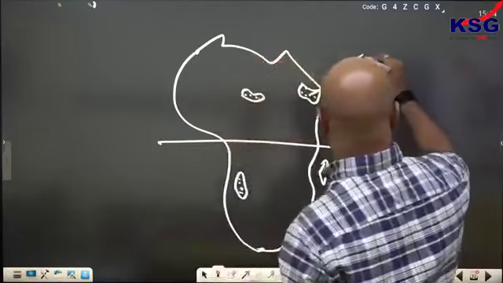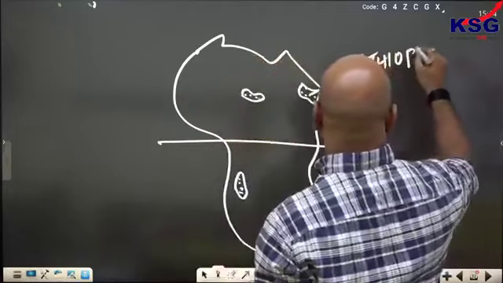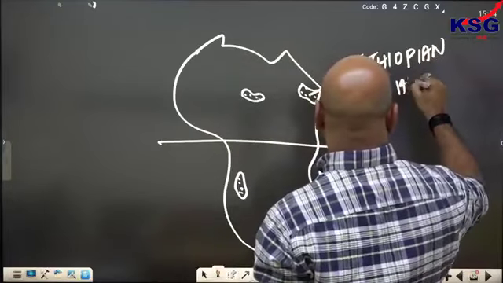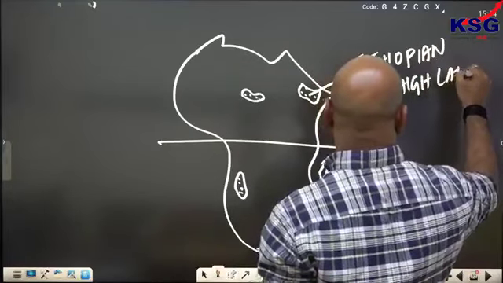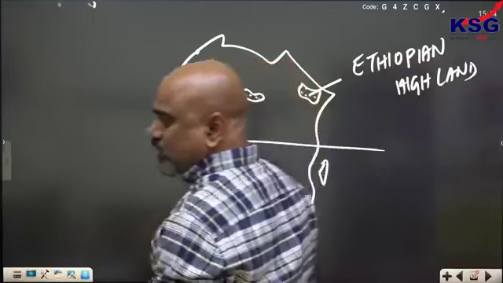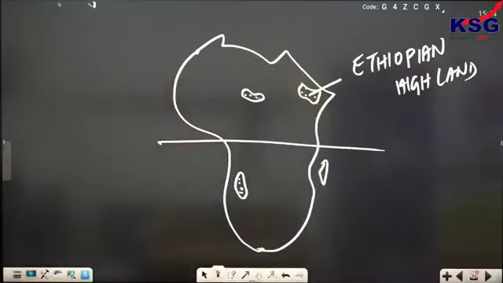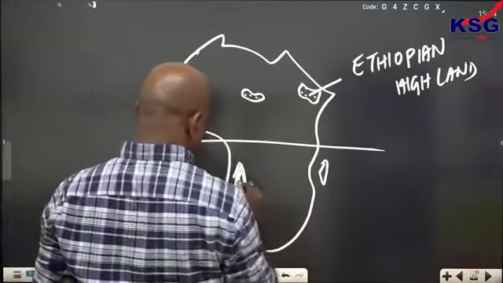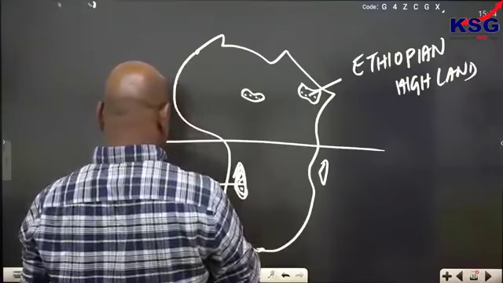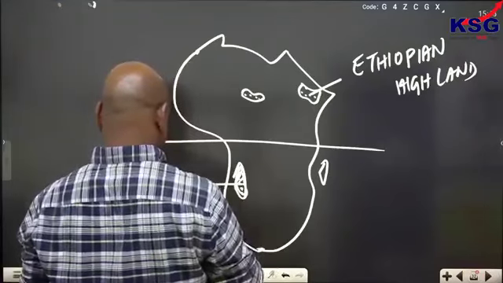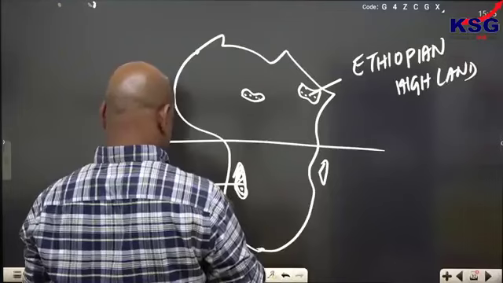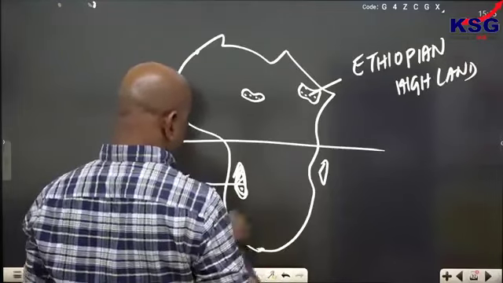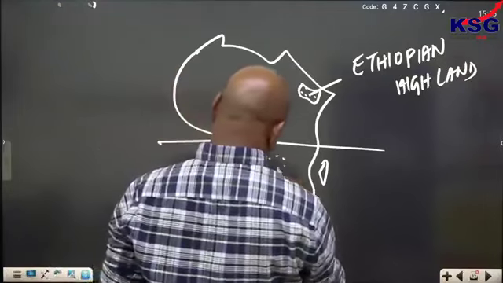This is the Ethiopian highland. Can you see this? Ethiopian highland. Got it? In Angola, you have here what is like the Bié plateau. Here you have some regions.